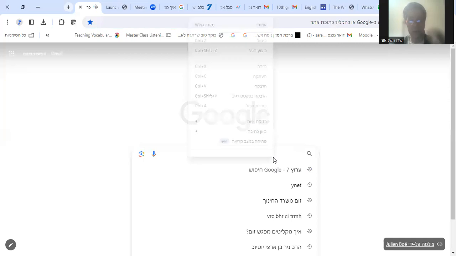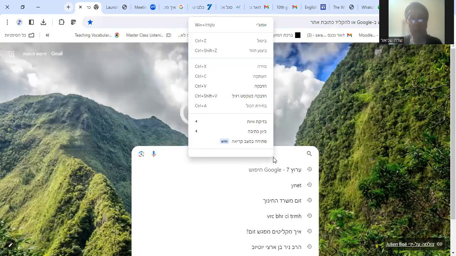אוקיי. אז ניכנס פה, וכאן ניכנס, נפתח חלונית, אני מקווה שאתם רואים מה שאני עושה. I hope you see what I'm doing.